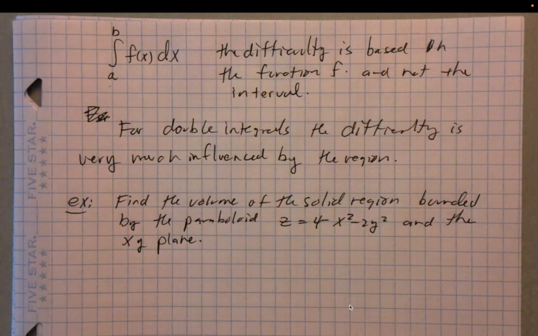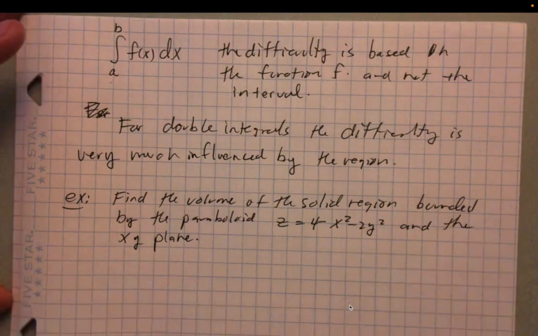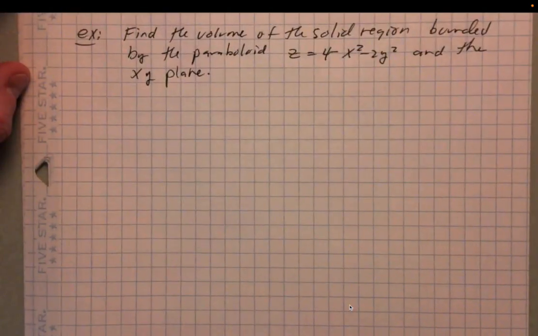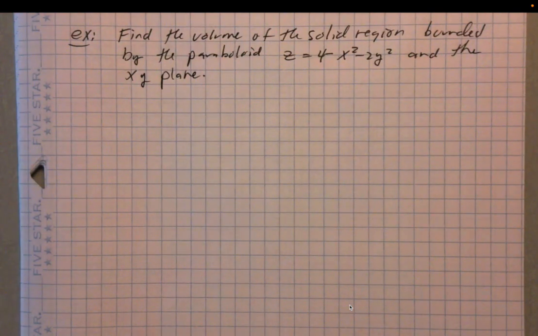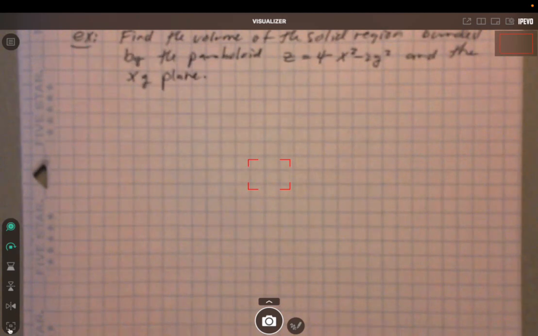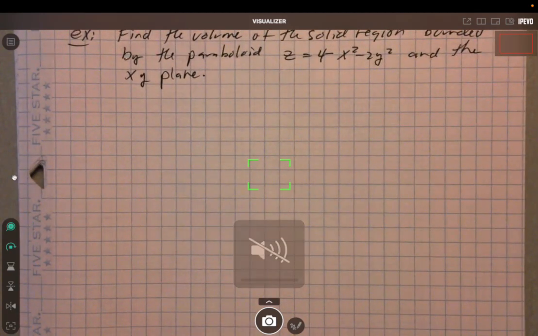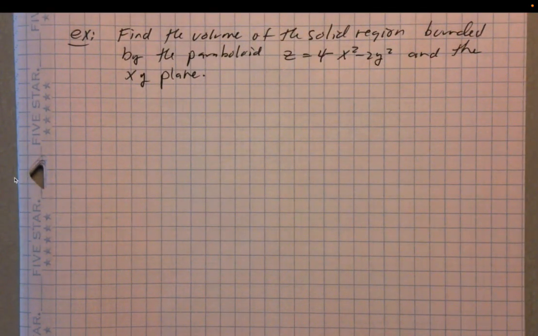But this one is going to be a lot more difficult, specifically because of the region that's being selected here. So I'm going to draw the picture. This is going to be a really bad picture, but I'm going to try to draw it just so we can get a sense for what this might look like.